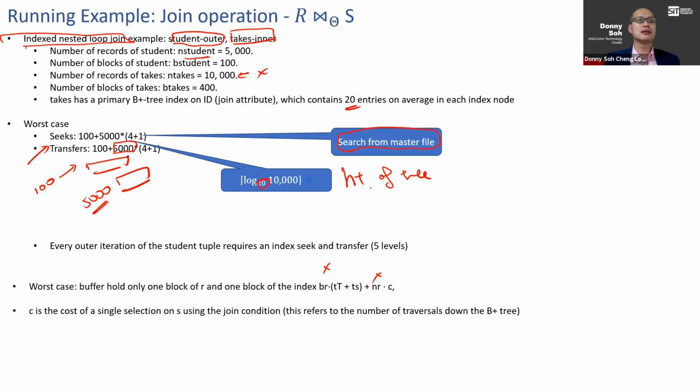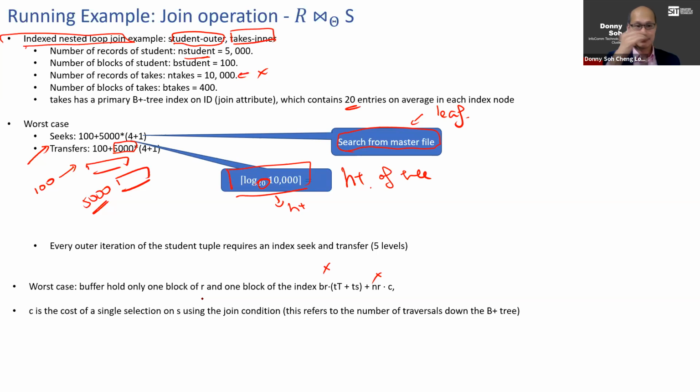So for every single record of my students, it needs to traverse through 5 levels. So this can be considered to be your leaf, and this whole thing can be considered to be your height.